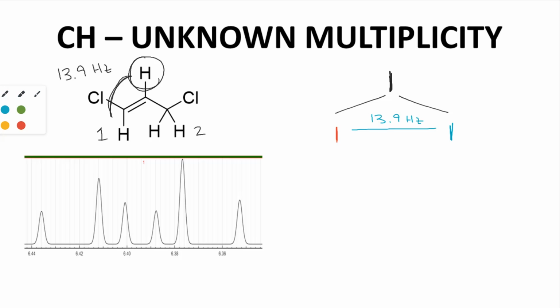Now each of these lines will be further split by the neighbors on the right. We know this coupling. This coupling is 9.7 hertz. So the first neighbor splits the left peak once and the blue peak once. Now, that was the first neighbor.